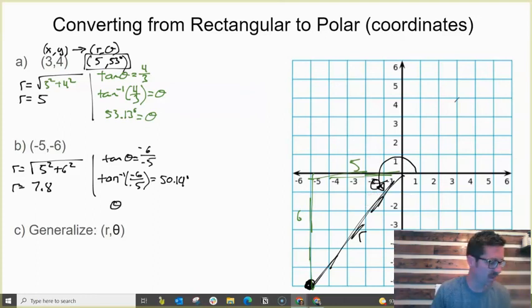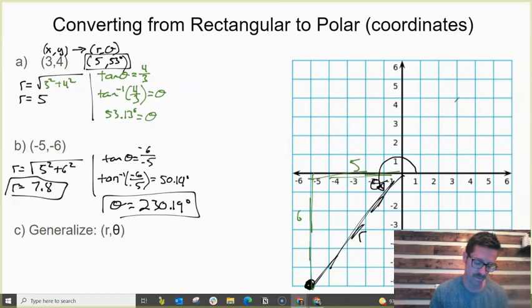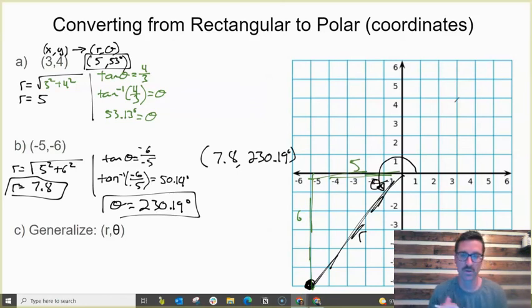That gives me that the angle theta we're looking for for this particular point is about 230.19 degrees. So our actual point could be written as (7.8, 230.19 degrees).